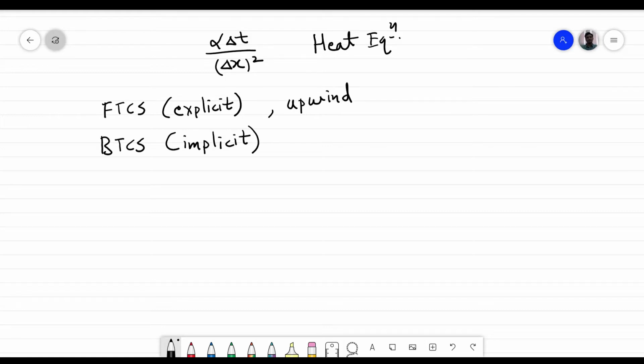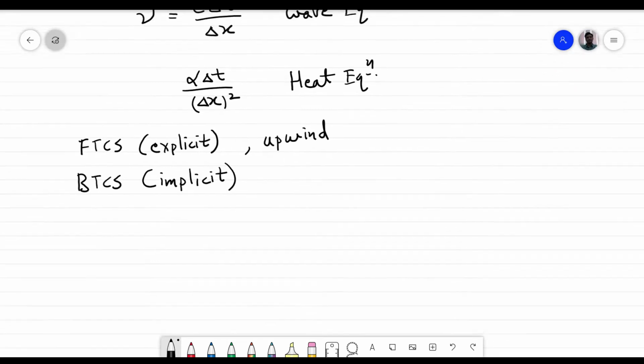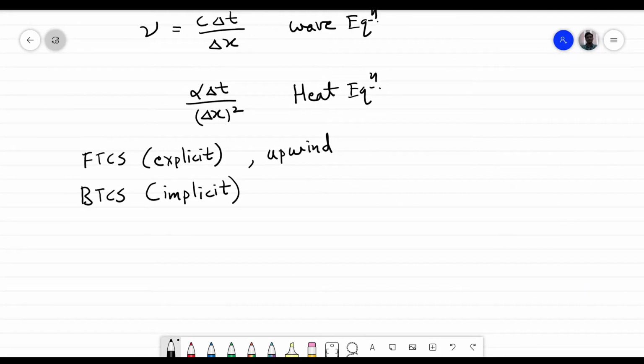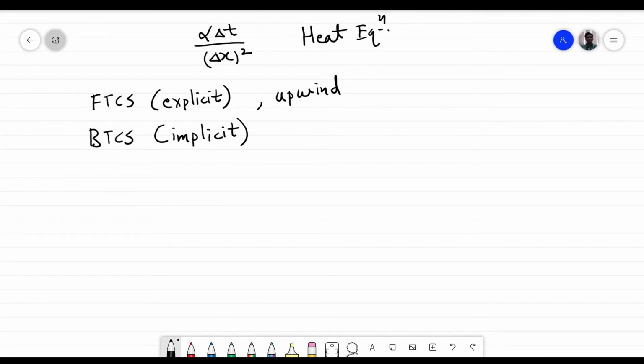So you can also call it FTBS or FTFS, forward in time, forward in space, or backward in space, depending upon the direction of C, direction of wave speed. So if C is positive or negative, it depends on that, whether it will be stable or not. So FTFS or FTBS, we can call that.